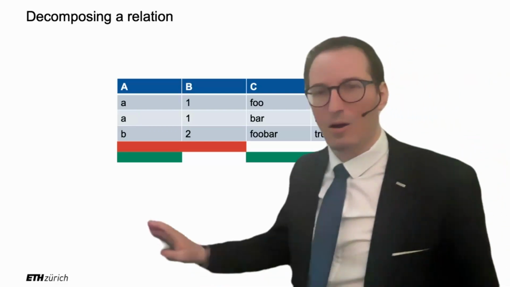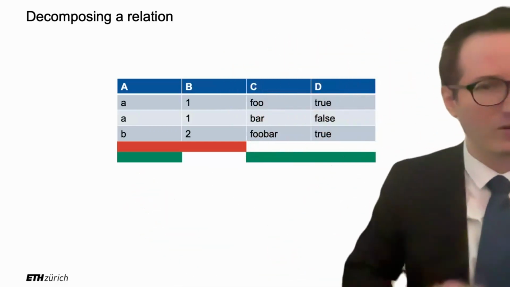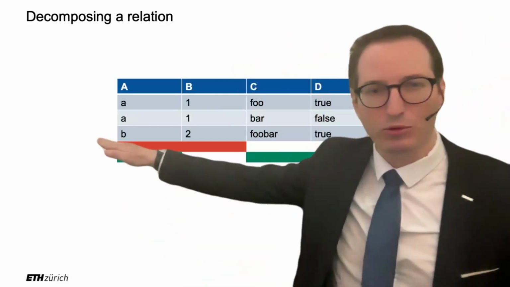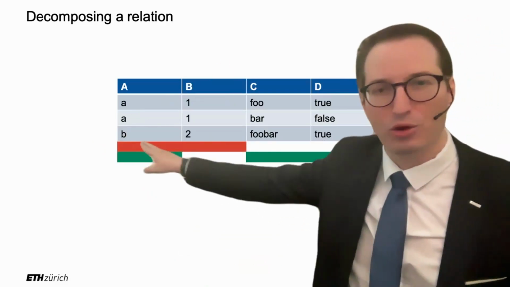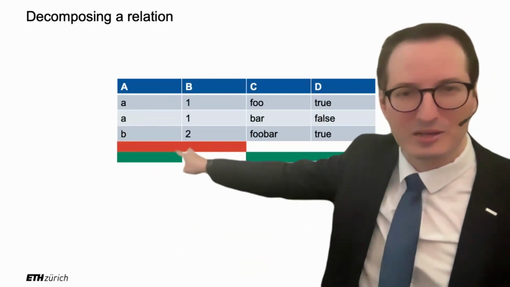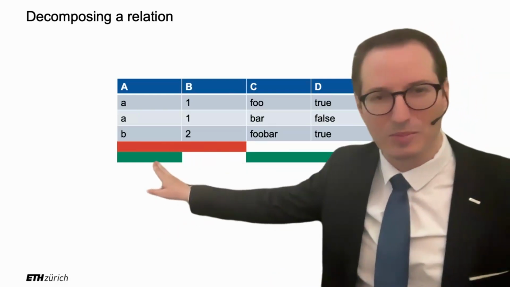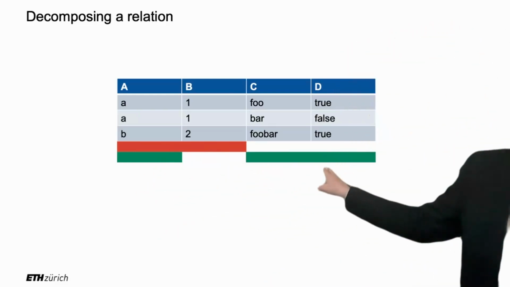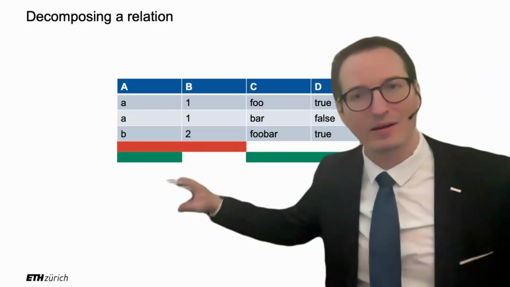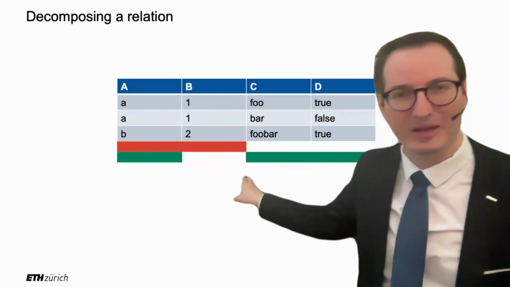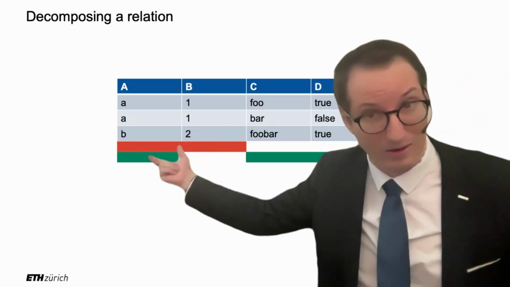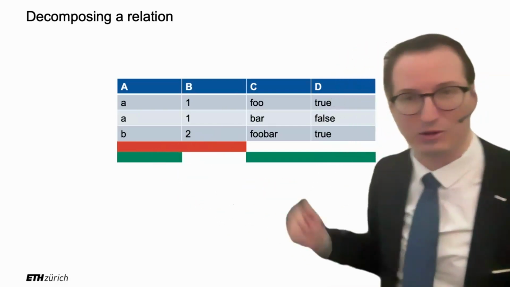decompose it, what is going to happen when you decompose the table is that you're going to select one side of it. So let's split it into two. The first split might have these attributes, for example, A and B, and the second split might have A, C, and D, right? Why? That I will tell you. Here I did it a bit at random, but there is a way to select the projections that you want.